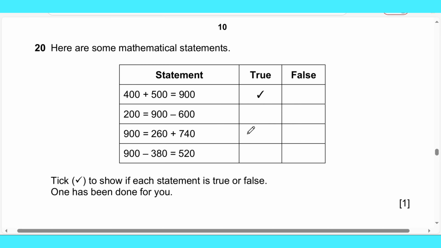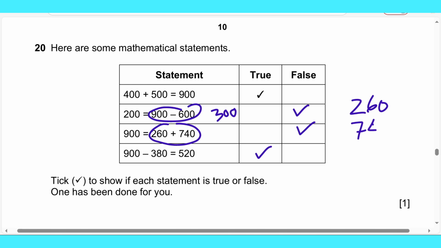Okay, let's check out the answer. So this will be false, false, and this is true. So 200 is not equal to 900 minus 600 because this is 300 definitely. And this, if we add, it is true, equals 900. Well, this one, if we add 260 plus 740, we'll get 0, and then 4 plus 6 is 10, 0, we put 1 here, so 7 plus 2, 9 plus 1 is 1,000.